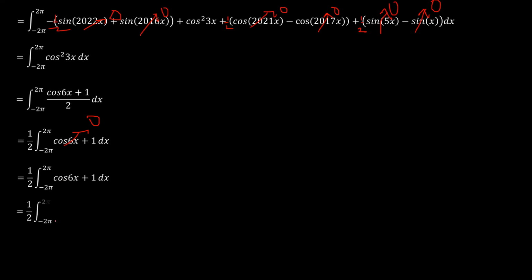And so this is the same as x, with 2 pi and negative 2 pi as the upper and lower limits respectively. This results in a half times 4 pi, which is 2 pi. So this is our answer.